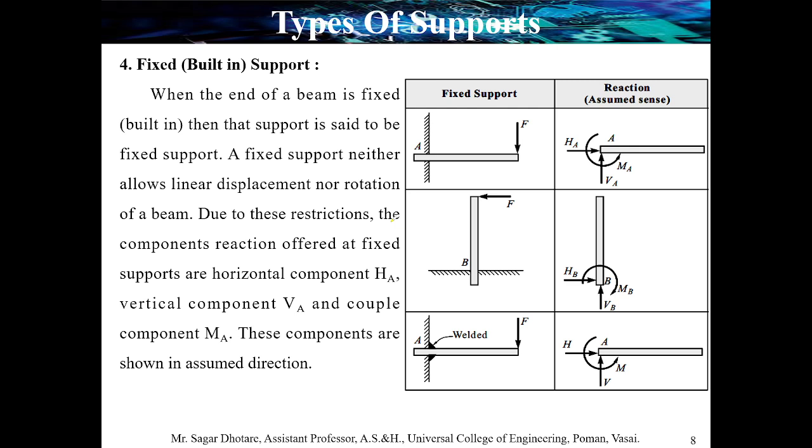At this point, that particular end is not allowed to move in any direction, neither vertical, horizontal, nor rotational. In a hinge support there is a rotational displacement of the pin, but in this case no displacement or rotational movement will occur.